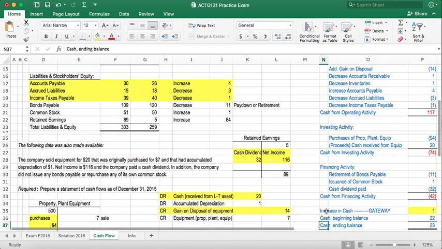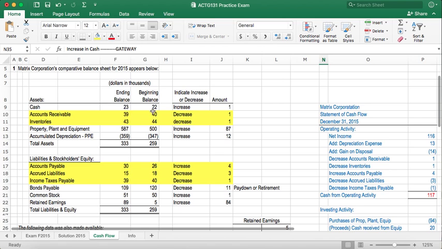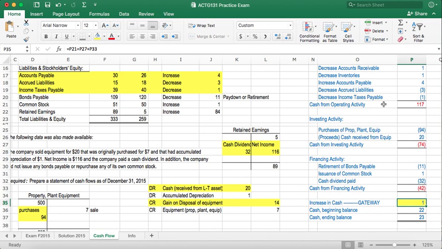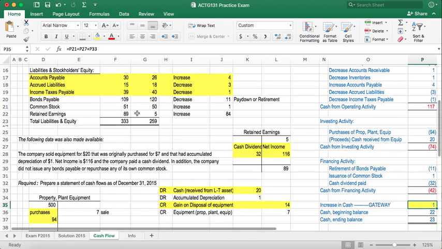We also know that these three, operating, investing, and financing, have to equal the change on our balance sheet or the difference between beginning and ending for the cash account. So this is your gateway. If these three items don't add up to the change in cash, then something has gone wrong. But hopefully nothing will go wrong.